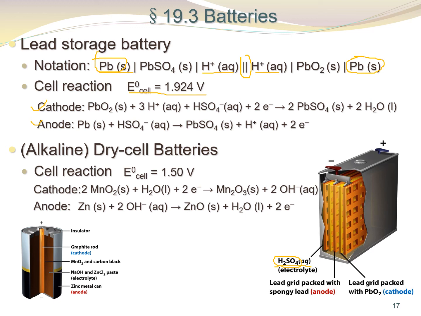Actually, the cathode here is a rod of graphite. And these are the two reactions occurring on the cathode and the anode. And as you can see, we call this an alkaline battery because it has hydroxide in it.